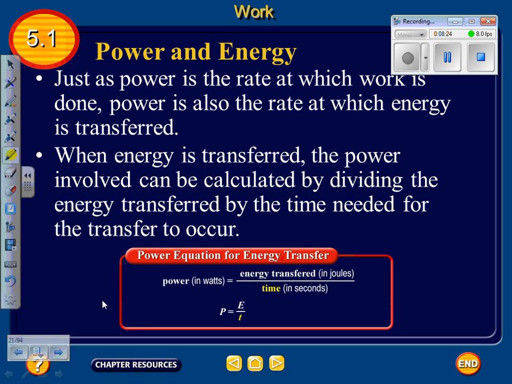And like I said in class, you don't see this equation as much as the standard equation for power, work divided by time. But because work is a transfer of energy, you can express power in these terms. Power equals E over T, where E is the transfer of energy in joules divided by the time in seconds.